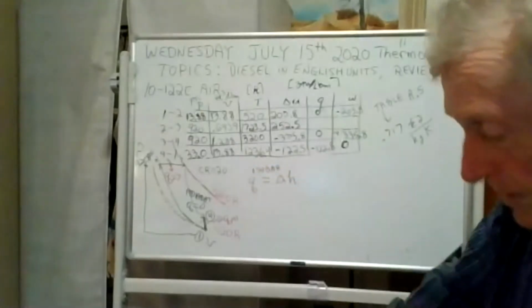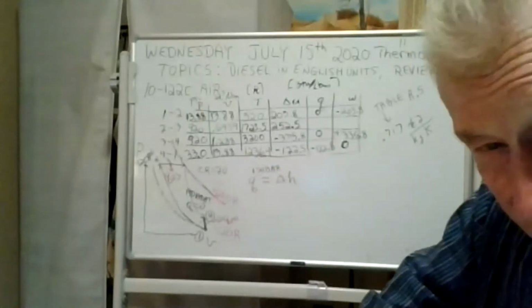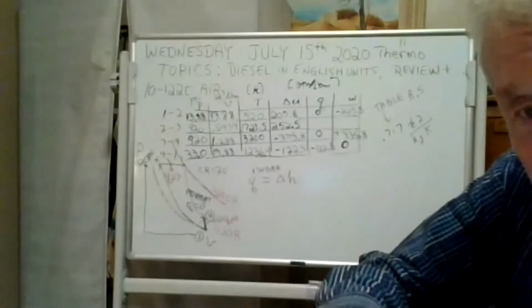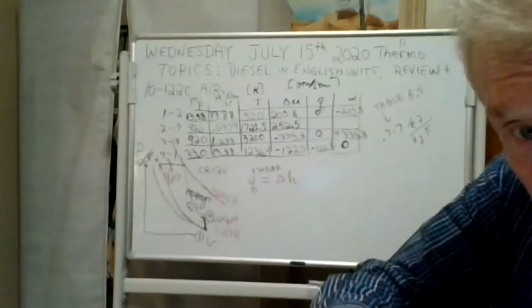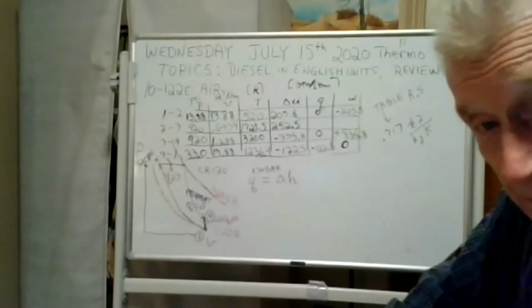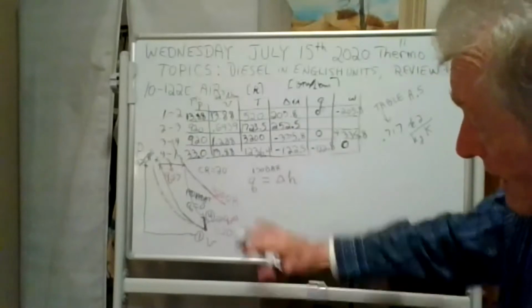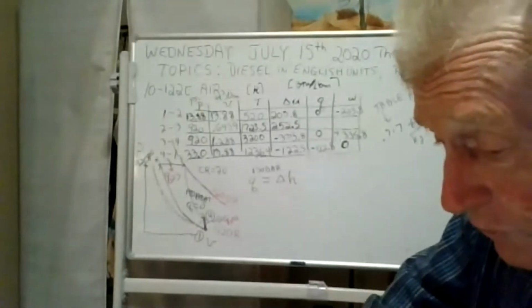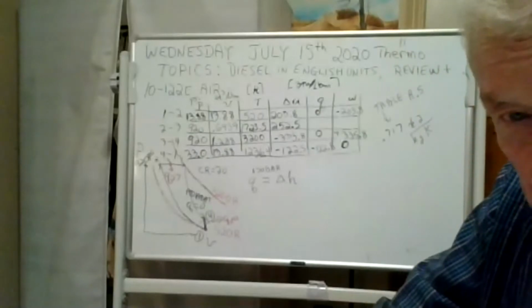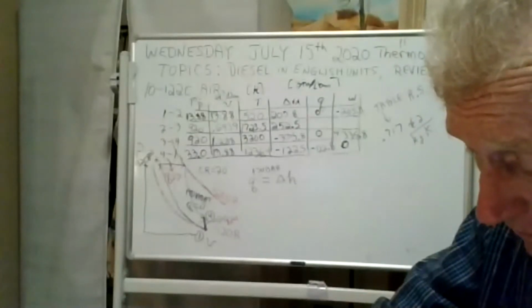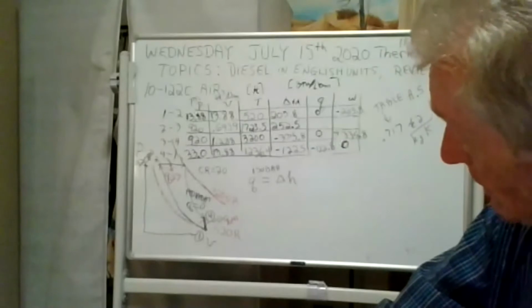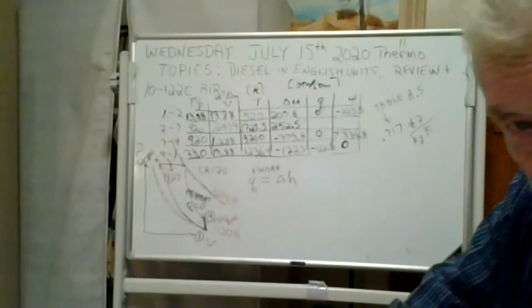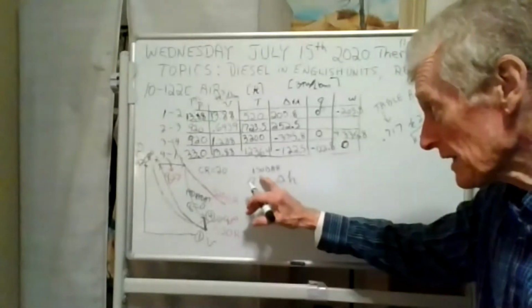And the interesting thing about it is it doesn't even have to be an ideal gas. Now, we have an ideal gas, but that equation is good whether it's an ideal gas or not.